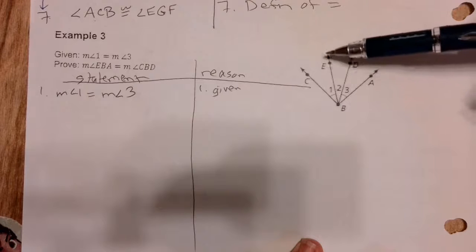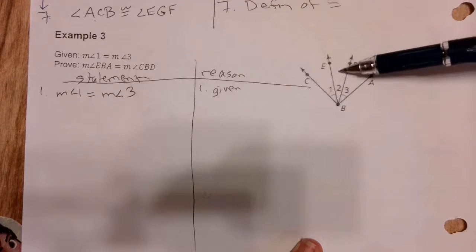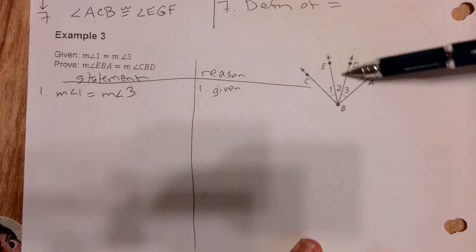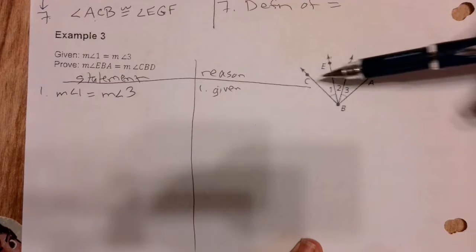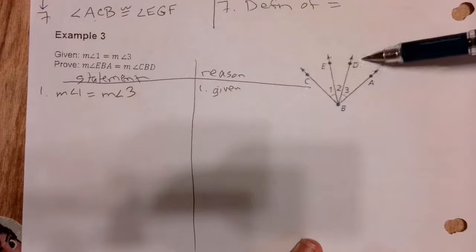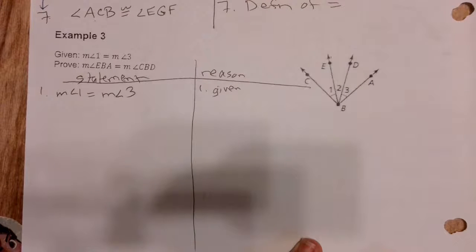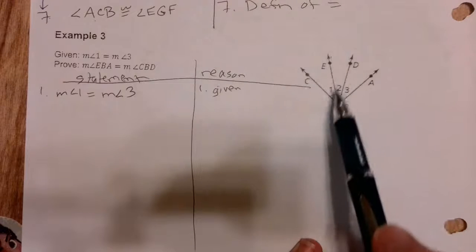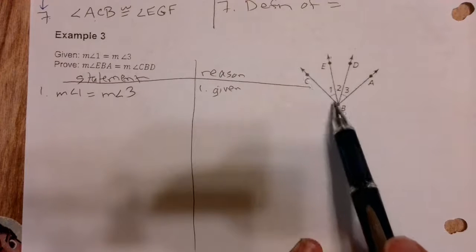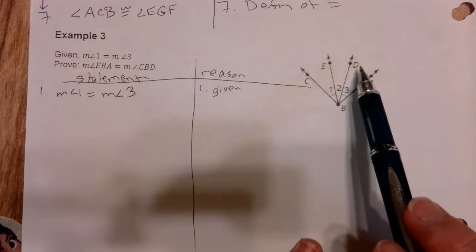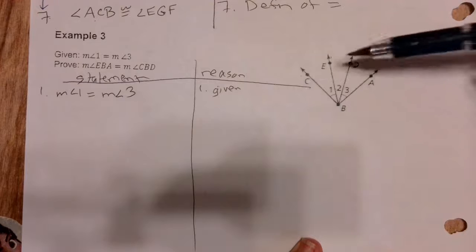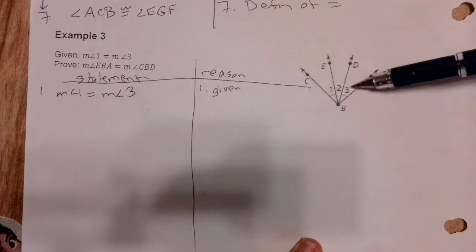We're trying EBA, that's these two pieces, the 2 and the 3. CBD is the piece 1 and 2. So we're going to have to somehow create EBA and CBD. So how do you create something that's 2 pieces?